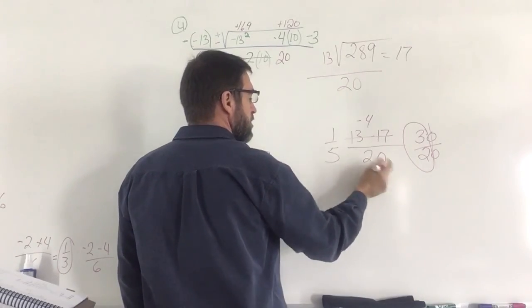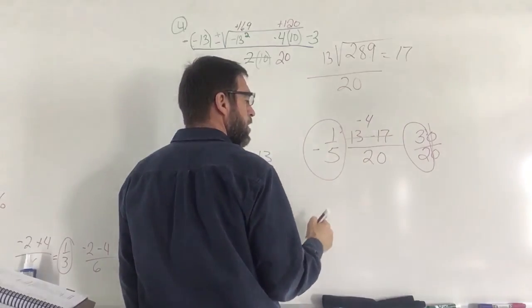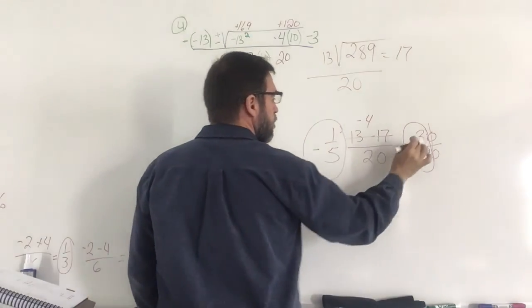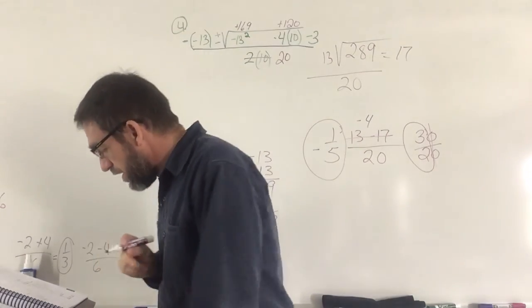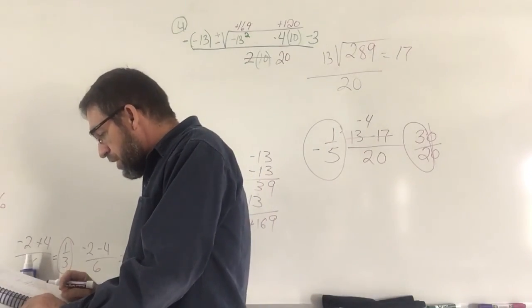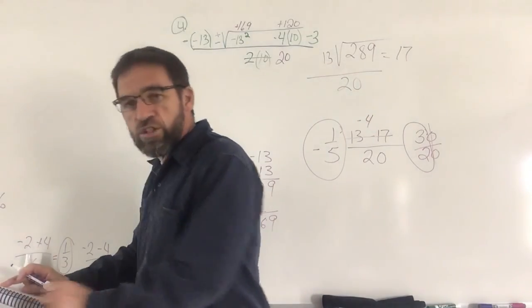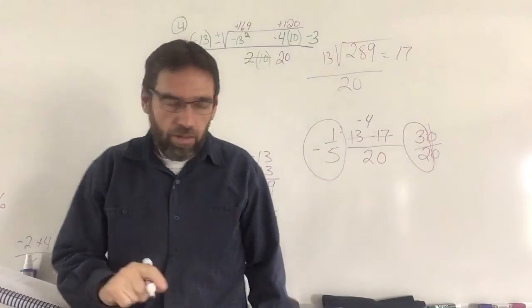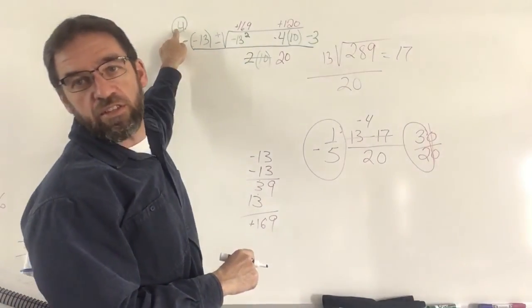This is a negative, this is a positive, so it makes me negative 1/5. The other x value is negative 1/5 and 3 over 2. Now, please don't write that down yet. Let me check that out. Negative 1/5, yes, that's correct. X equals 3 over 2, right on. That's the correct answer for number 4. Can't see it, my head's in the way.